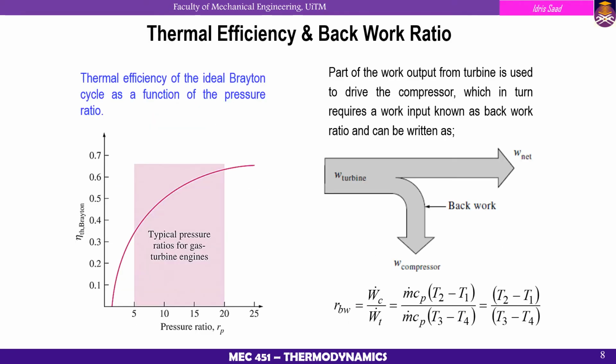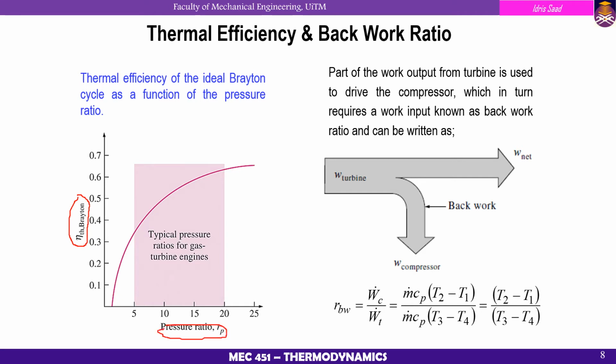The graph on the left-hand side of this slide illustrates the trend of the thermal efficiency of the ideal Brayton cycle as a function of the pressure ratio. As you can see on this graph, this is the efficiency of the Brayton cycle, and this is the pressure ratio.